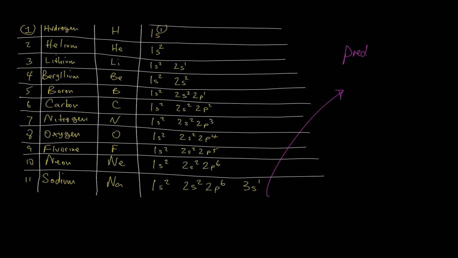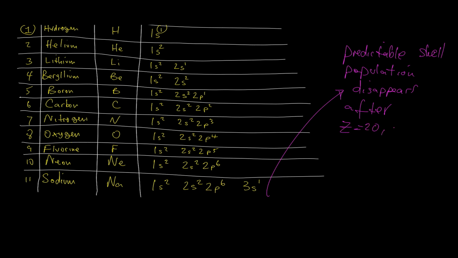Predictable shell population disappears. It doesn't disappear after sodium. It disappears after, I think it's Z equals 20 calcium.